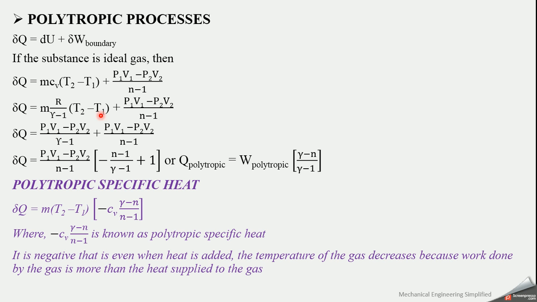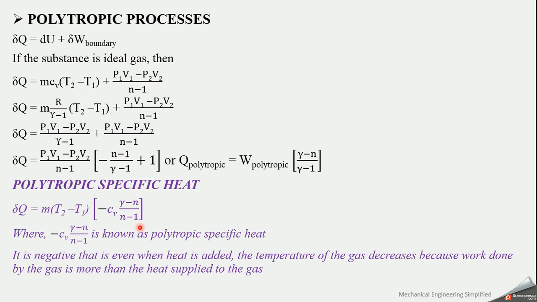But if we need to arrive at this expression, we need to change this in terms of temperature. That is, this can be written as mRT1 minus mRT2, and if we solve this, we will get this expression: del Q is equal to m (T2 minus T1) times Cv (gamma minus n) upon (n minus 1), and this is known as the polytropic specific heat.